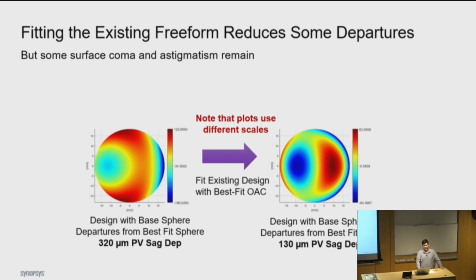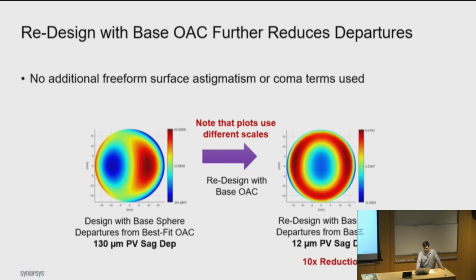And so instead of fitting with the best fit off-axis conic at the end, what we're going to do is go back to the beginning of the design process and redesign using off-axis conics from the beginning, and we're going to completely eliminate the need for surface astigmatism and surface coma. And in that fashion, we end up with the departures from base off-axis conic that are shown there on the right-hand side, which is 12 microns of PV sag departure.